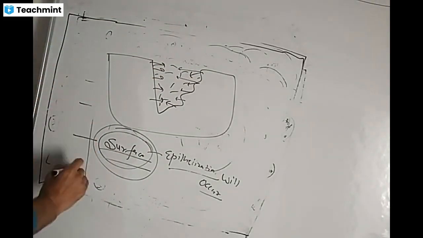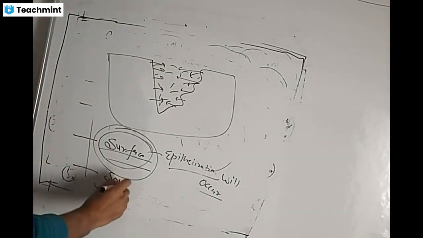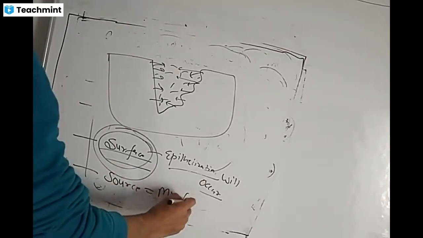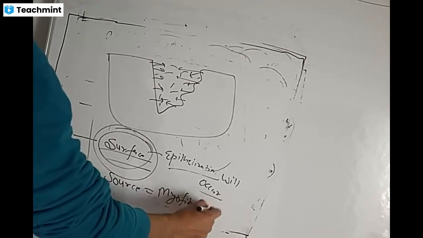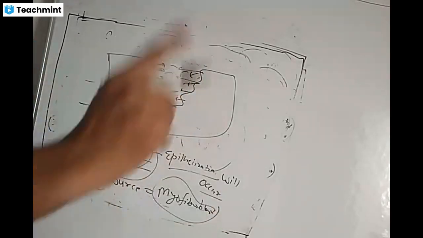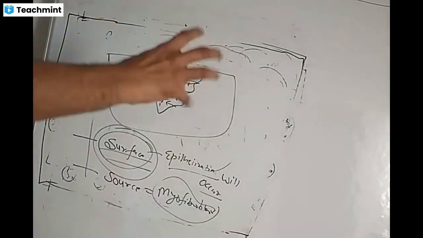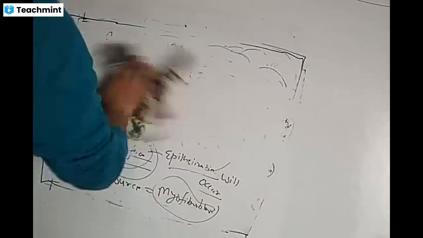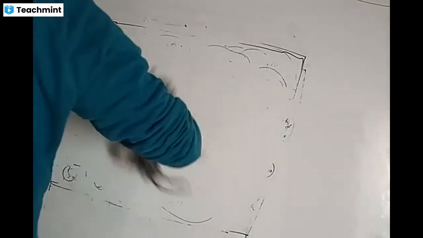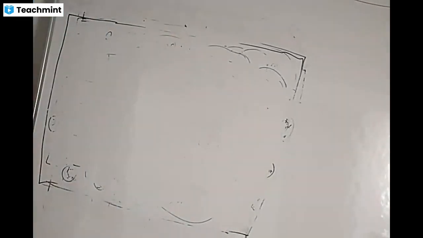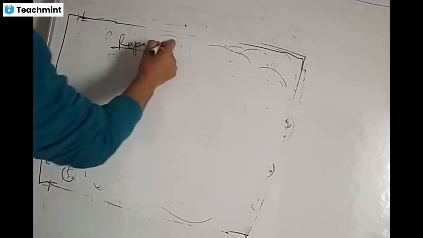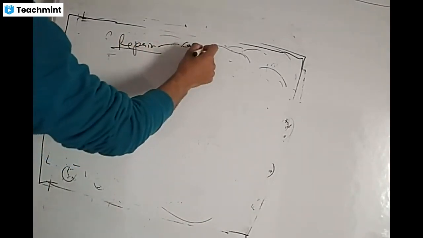And last, this granulation tissue acts as a source of myofibroblasts. Means these cells will play their role in the wound contraction. So in case of repair, we are done with collagen synthesis.